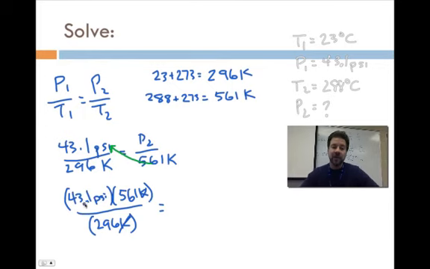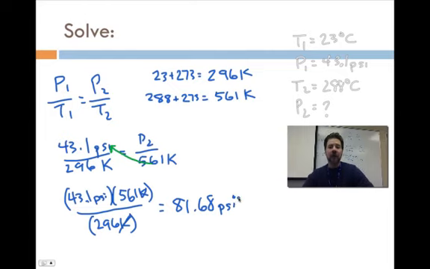So we multiply 43.1 times 561, and divide that by 296. After the math is done, you should wind up, and you can check it on your calculator, with 81.68, and the only unit left over is PSI.